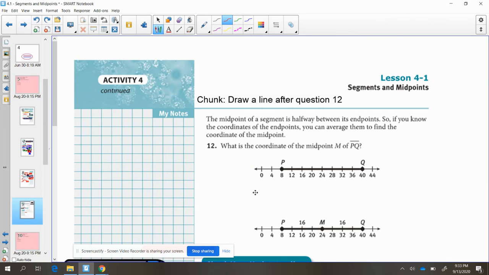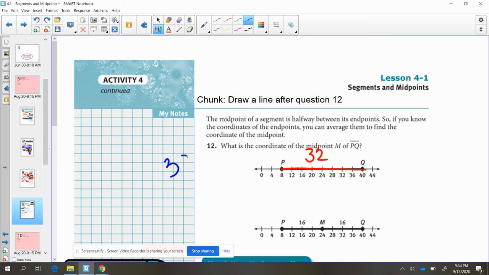Now, moving on, where's the midpoint going to be of our segment here? Well, the total length from 8 to 40 is 32 units. So halfway between 8 and 40, we have to go half of 32, a total of 16 units.